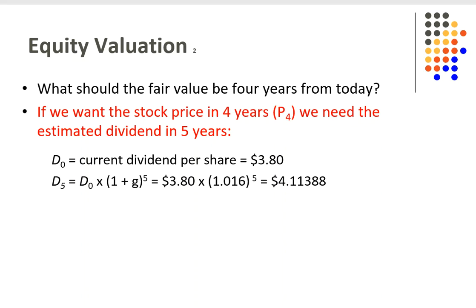So we get an estimated time 5 dividend of $4.11388. Then we can simply solve for the stock price by taking that dividend at time 5, dividing by R minus G, and we get a price at time 4. We have an estimated price of $33.47.